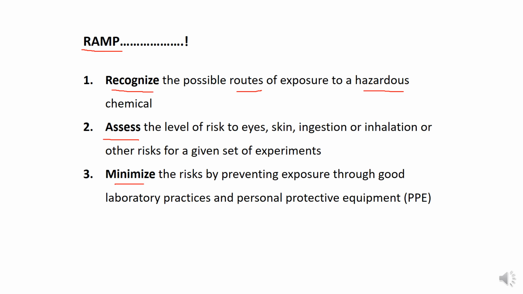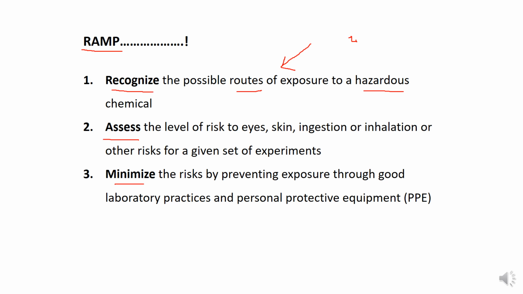Although we will cover this in detail in some lectures, each chemical mentions the possible routes of exposure. If it can enter through your eyes, then of course you need to use eyeglasses. And if the exposure route is through the mouth, then you cannot take it through the mouth.